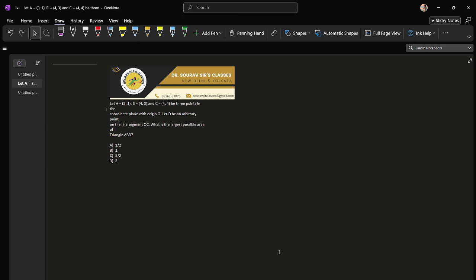We have B equals (4, 3) and C equals (4, 4). From this we can say that BC is a subsegment of the line x equals 4.